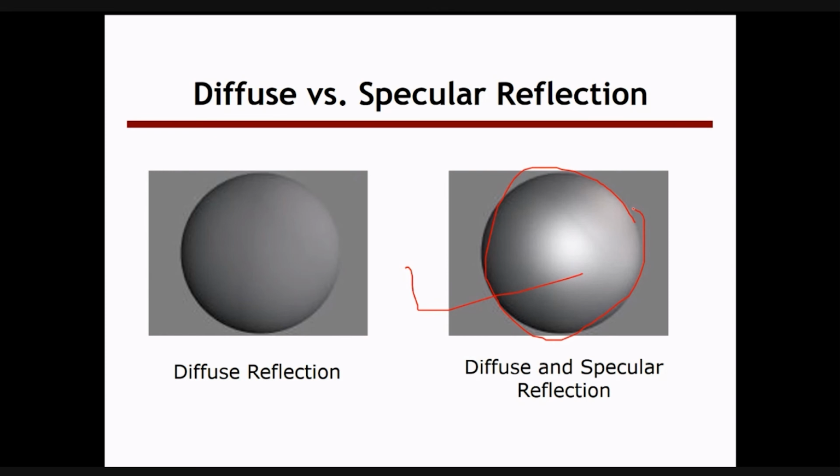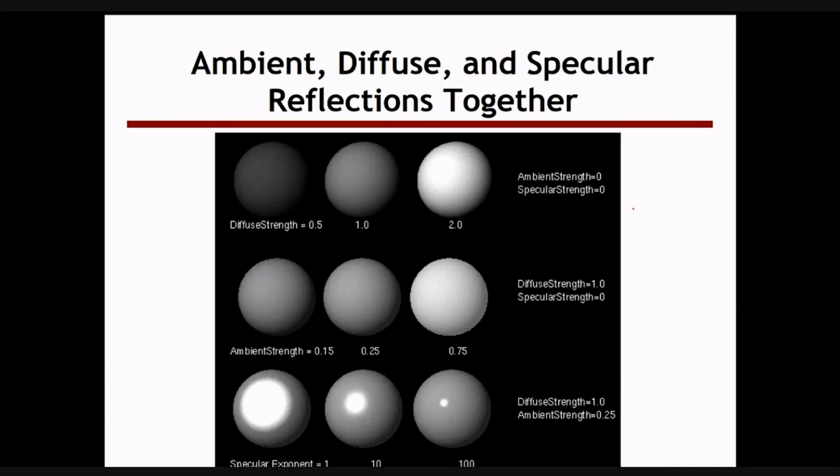So that is diffuse versus specular reflection. Similarly, we have such kind of things.